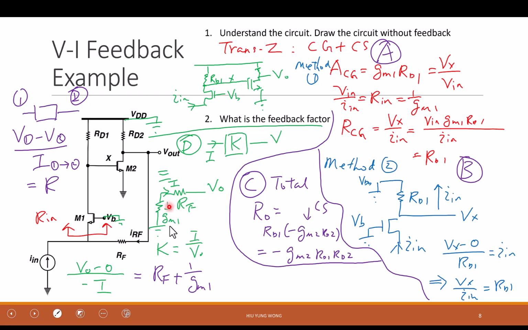But if I ask you what is I, then your IB is equal to my negative I, because I'm defining it that way. I define it that way because my feedback factor will be just I over V0. If you insist on using IB in this direction, fine. Then you put IB here, no negative. But the K needs to be negative IB, because the definition of K is going into this network.